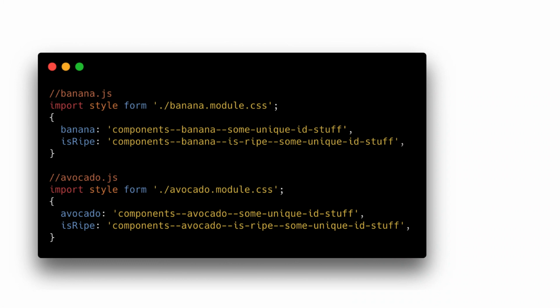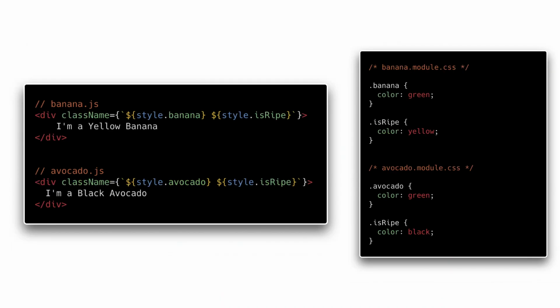What's happening under the hood is in your JavaScript file, I know this is a little in the weeds, but we'll get to why this makes sense. You're importing a CSS file. You end up with a JavaScript object with keys that give you a string of some transpiled class name that's not going to conflict with anything. And then you can access those class names from the object.